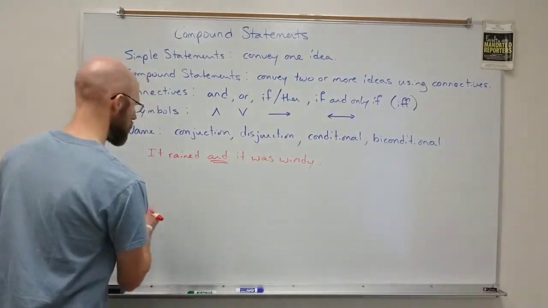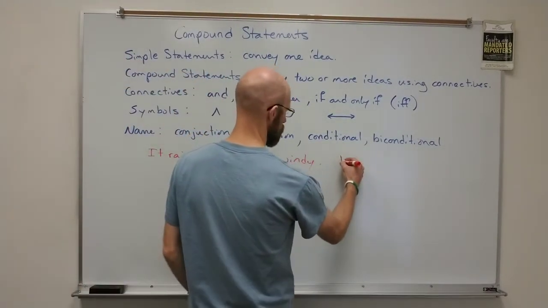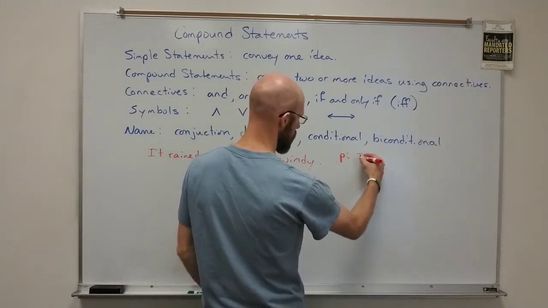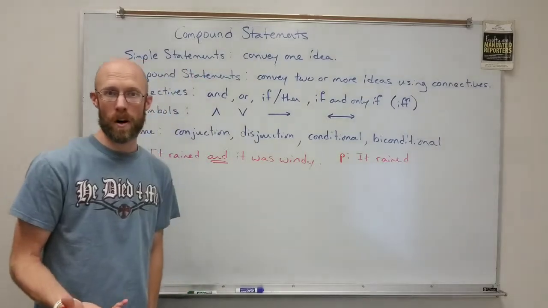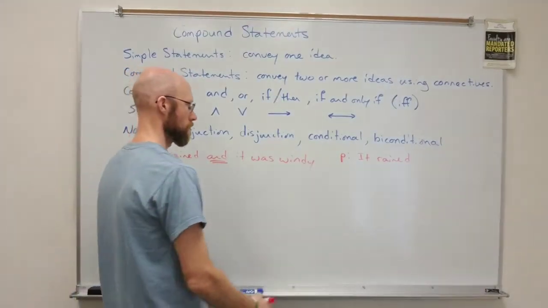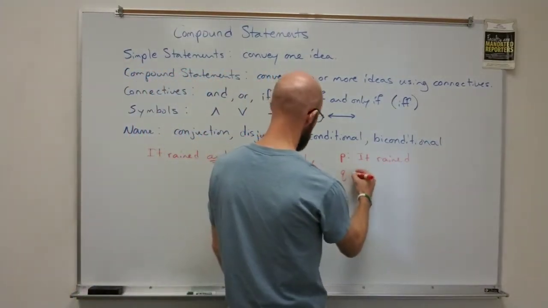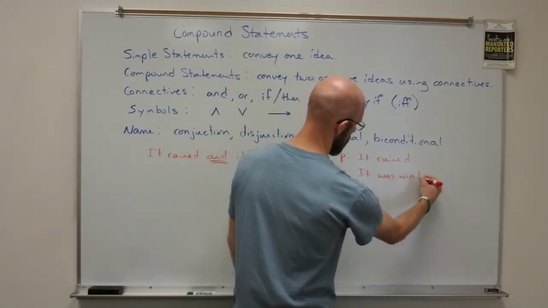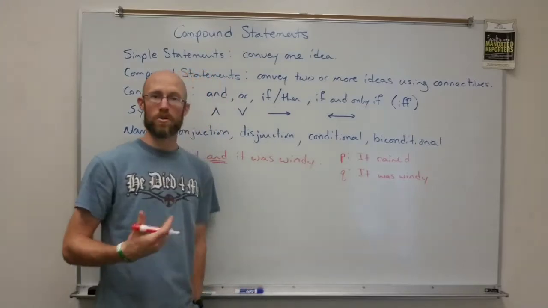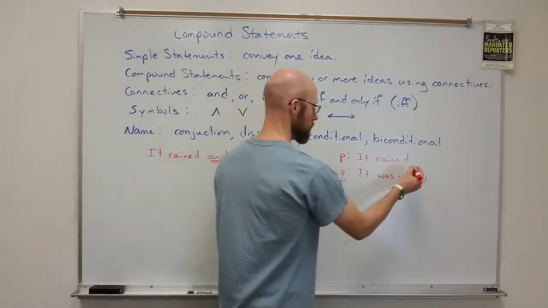So you could have P being the statement it rained. That's either true or it's false, so it's a statement. And Q could be it was windy. That again is either true or false, so it is a statement.